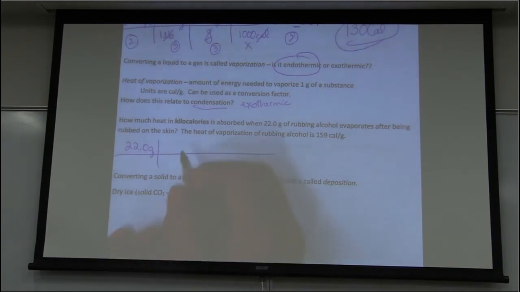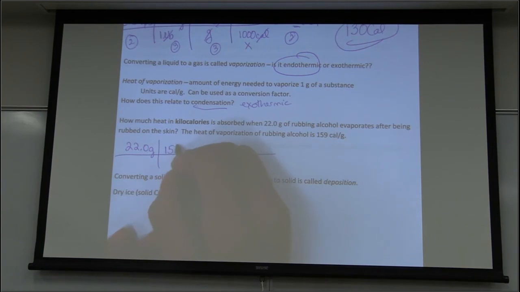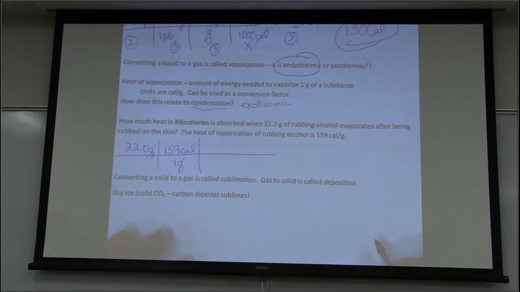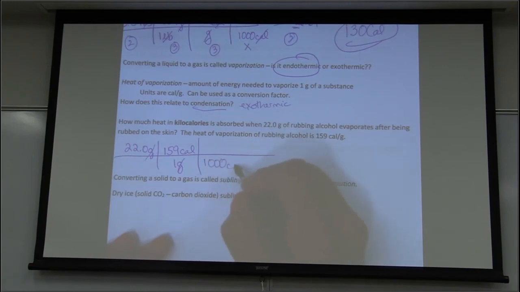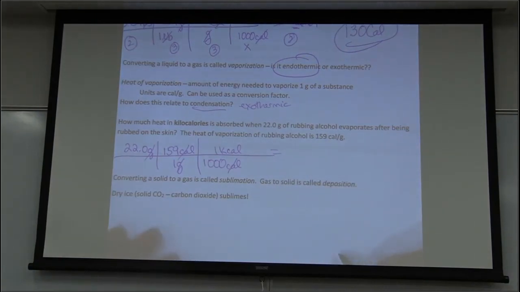So what's the next step? 159 calories over 1 gram. Grams cancel. We want to know what, though? Kilocalories. So what goes on bottom? 1,000 small c calories, 1 kilocalorie. So run your numbers and tell me what you get.